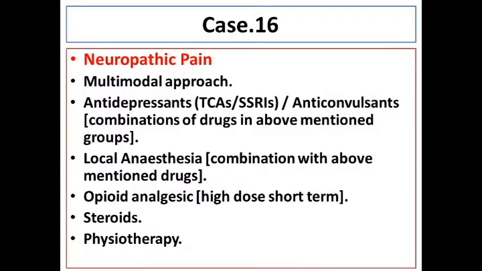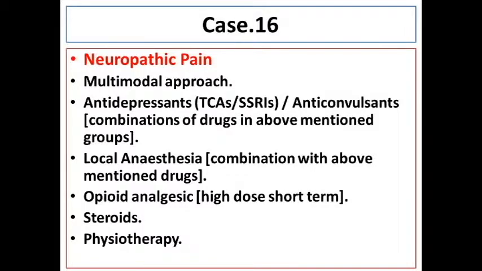And as discussed earlier, anticonvulsants were discussed under the adjuvant therapy. So anticonvulsant drugs, antidepressant drugs, particularly the TCAs, that is the tricyclic antidepressants, and the serotonin reuptake inhibitors. These are the classes of drugs which may be added together.